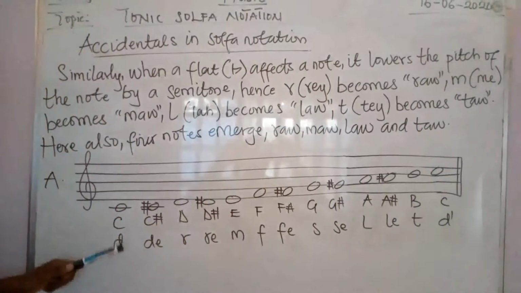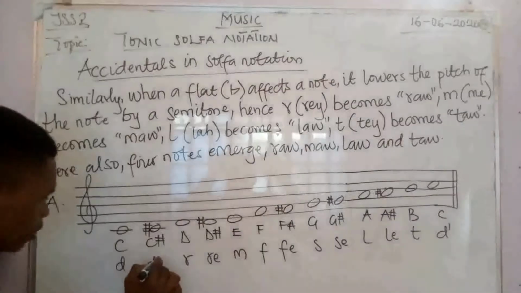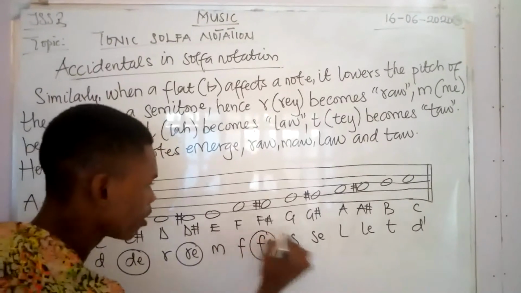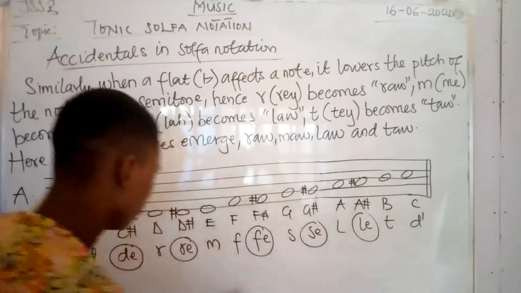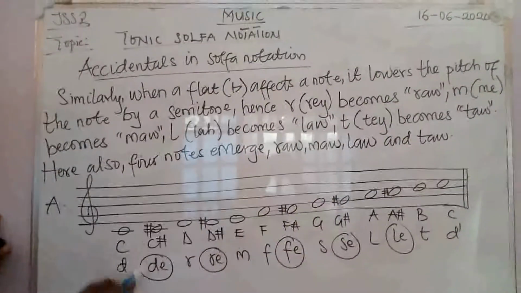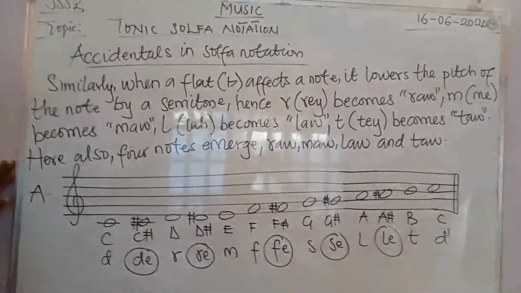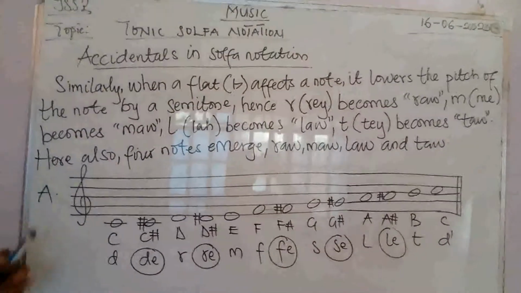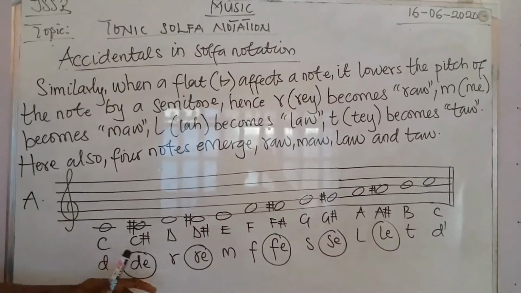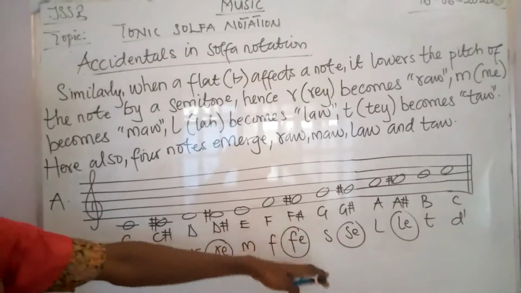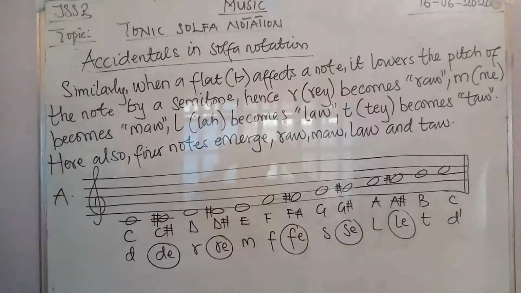These are the accidentals in their tonic sol-fa version. The 5 of them, the ones that sharpen: Di, Ri, Fi, Si, and Li.